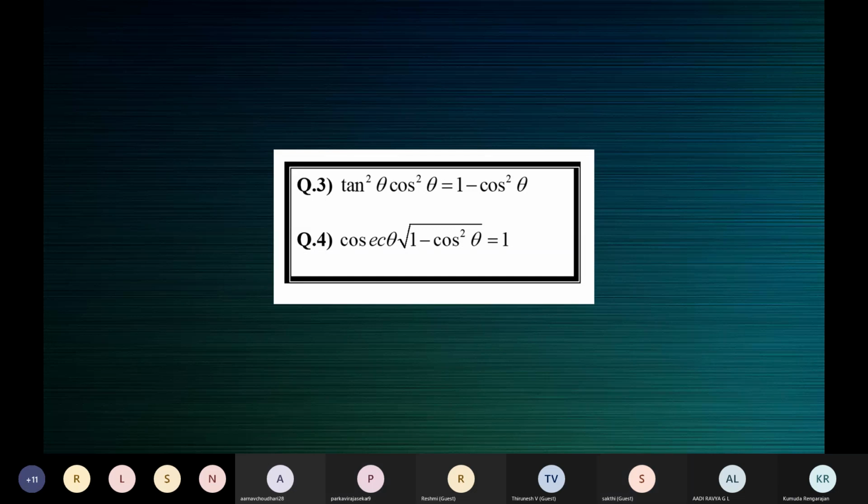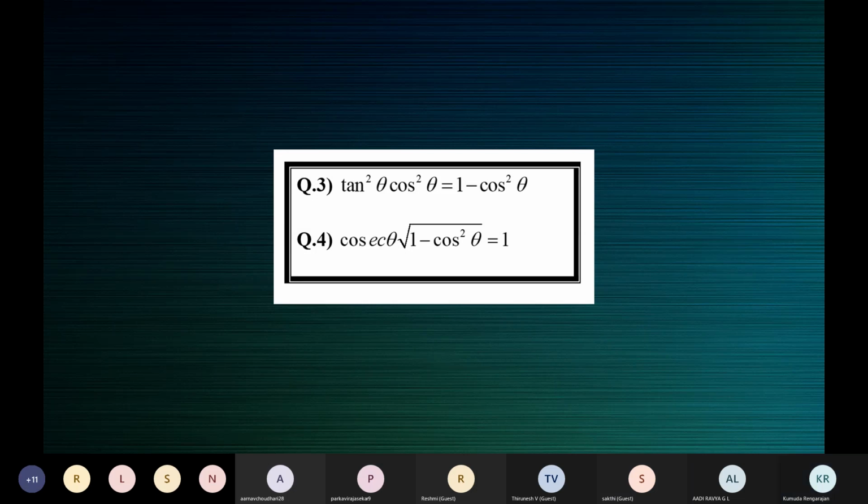Sin theta, ma'am. So what do you have? Cosecant theta into sin theta. Which will be 1, ma'am. How? Because cosecant theta is 1 by sin theta, ma'am. So 1 by sin theta into sin theta is 1. Very good.